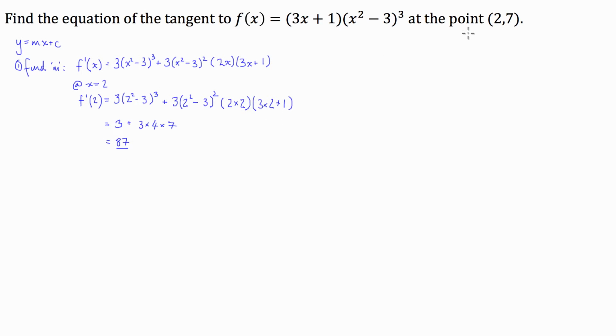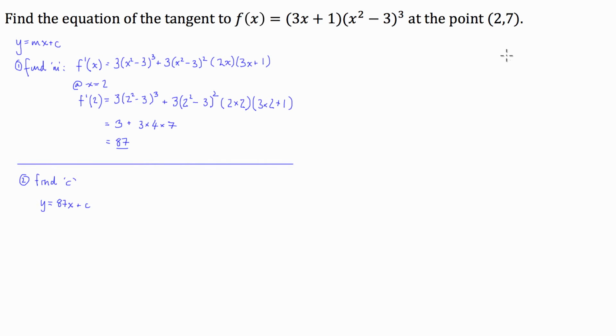So the next step, step 2, is we've got to find out what c is. We can now sub our m value into our tangent function. So we're going to have y is equal to 87x plus c.